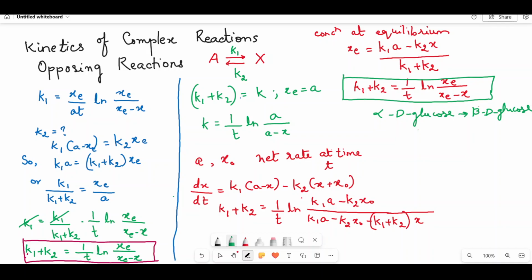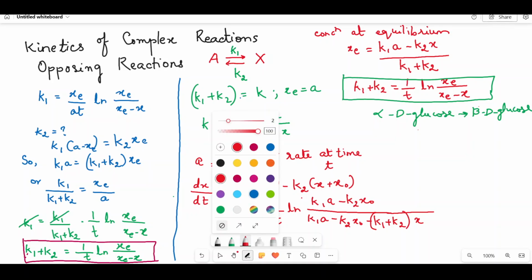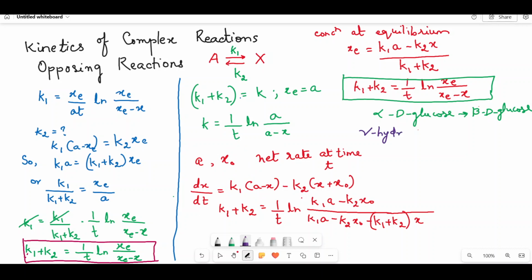One more example is the conversion of gamma hydroxy butyric acid to lactone. It is another very good example.